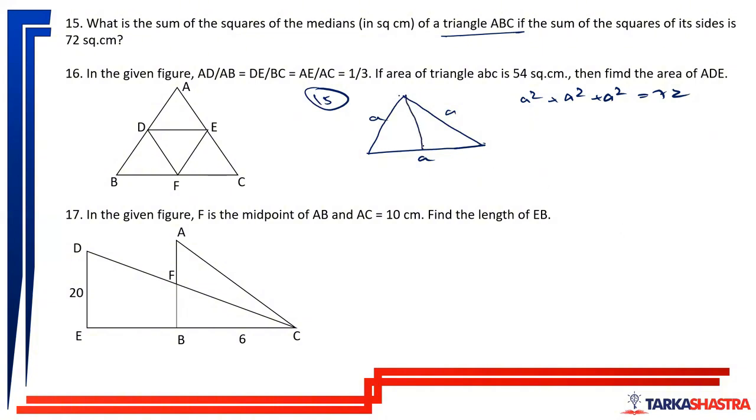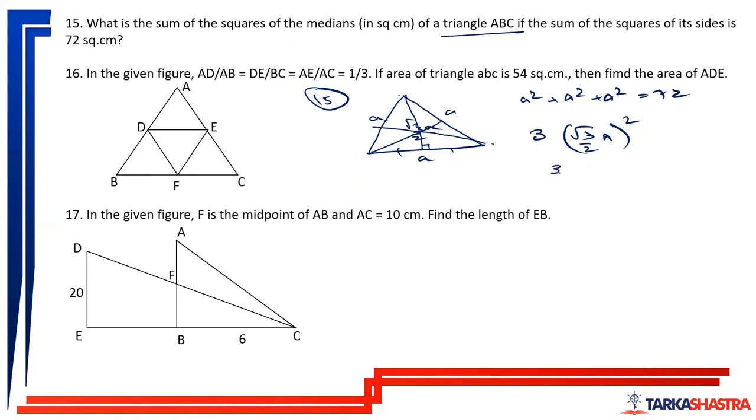Now, let us say I draw an altitude, which is also the median. Altitude is root 3 by 2 times A. So the median's square will be root 3 by 2 times A, whole square. And like this, I'll have 3 medians. So the 3 medians' squares I need to find out.